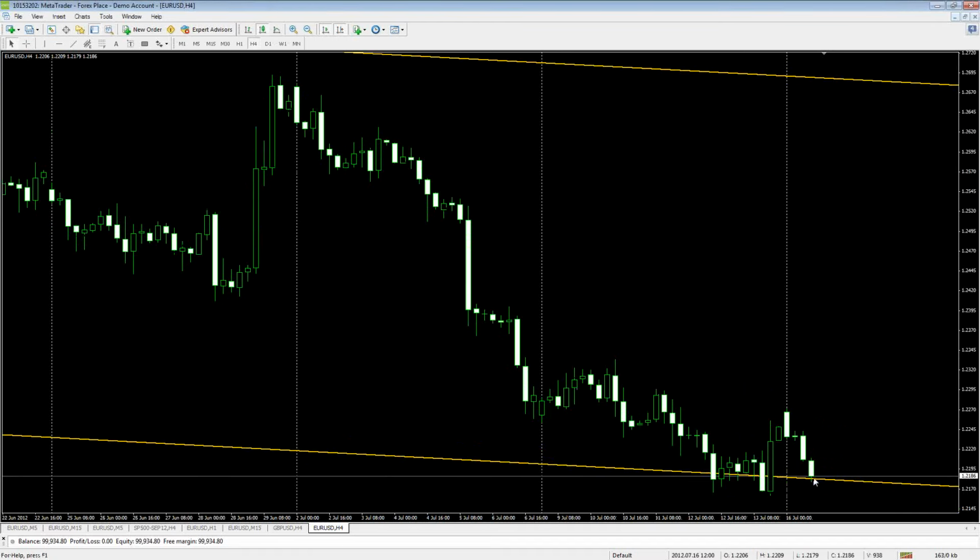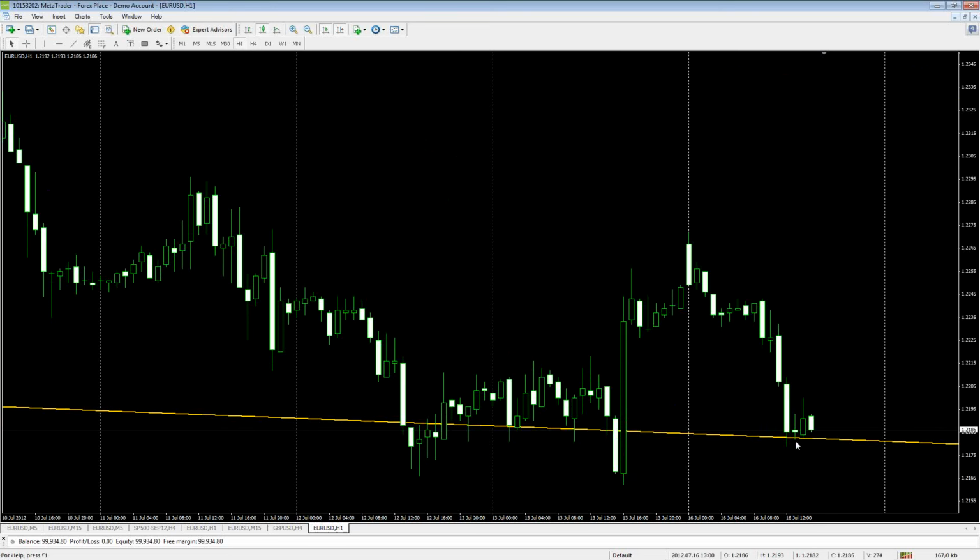You can see here on the 4-hour chart, on this candle here, it's really battling around the channel. And you can see how during the last 3 or 4 hours this line has been giving strong support, along with some Fibonacci level.